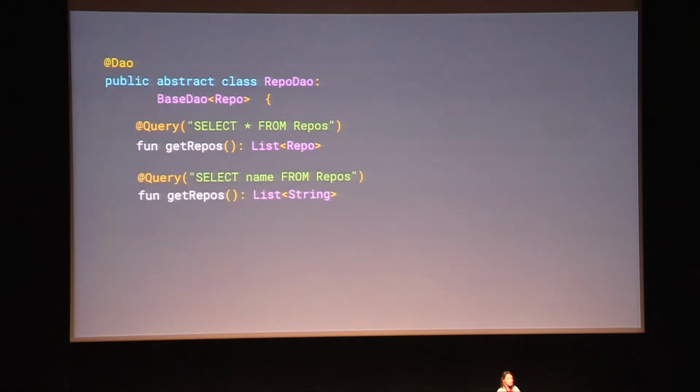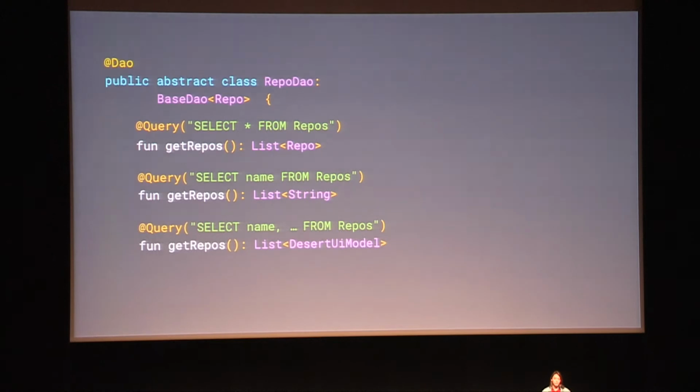OK. Also, when you're returning something from a table, it can either be an entity, or it can be a subset of the columns that you're interested in. So for example, here, we can just get the name of the repositories. But also, we can get a subset of the fields. So for example, when we want to just display some stuff to the UI, we can request a subset of the list of fields that we need.